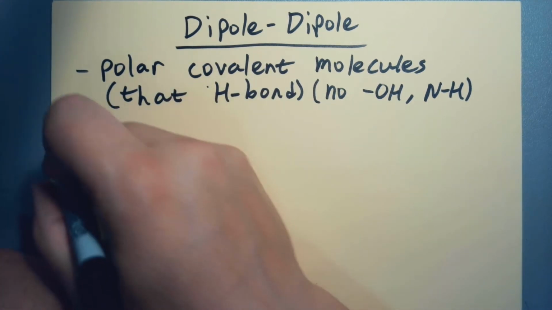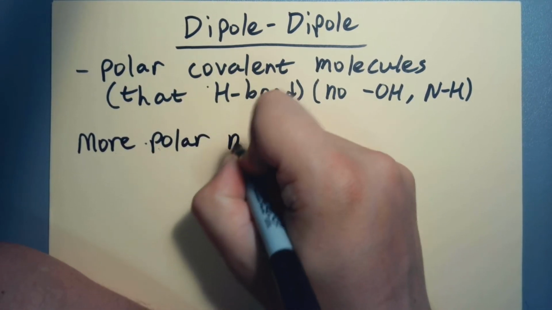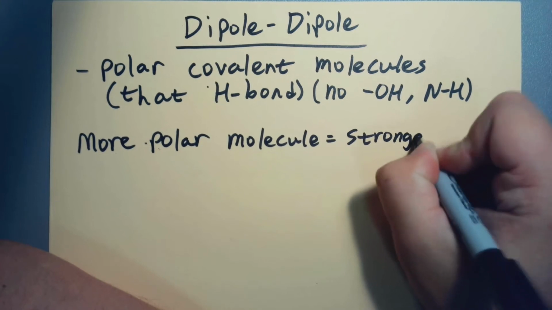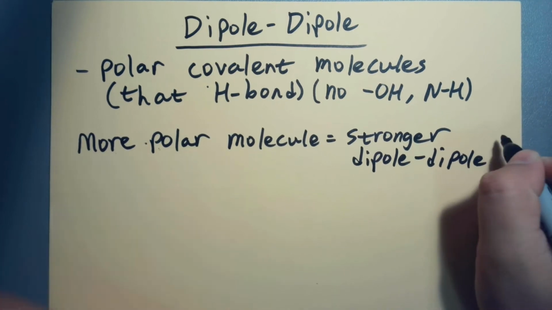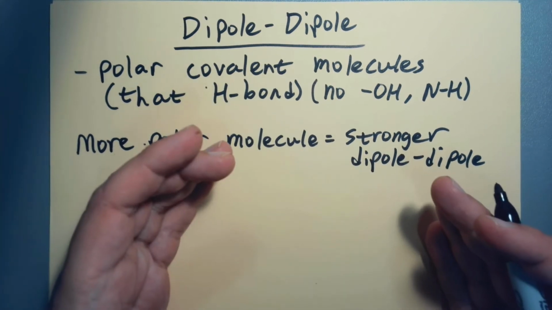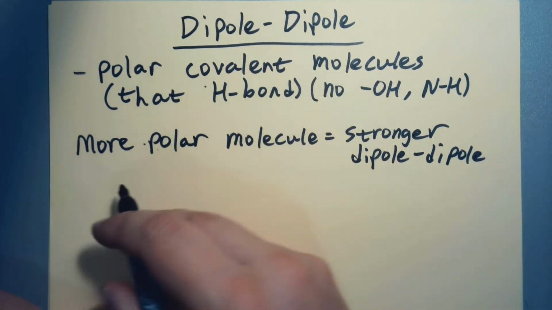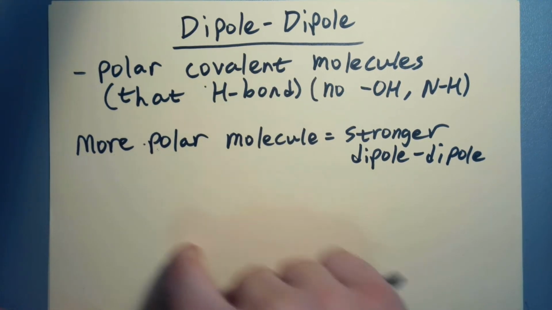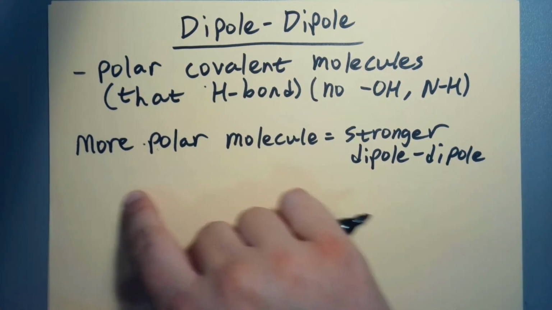So, we're going to say more polar molecule equals stronger dipole-dipole. When I say this, I mean, I don't know if I said it before, but we were comparing a group of the same molecule. So if I have a beaker of something, does it have more attractive forces than a beaker of something else? And the other way, so more polar molecule, and then just like hydrogen bonding, if there are more sites for polarity, that gives you a more polar molecule.